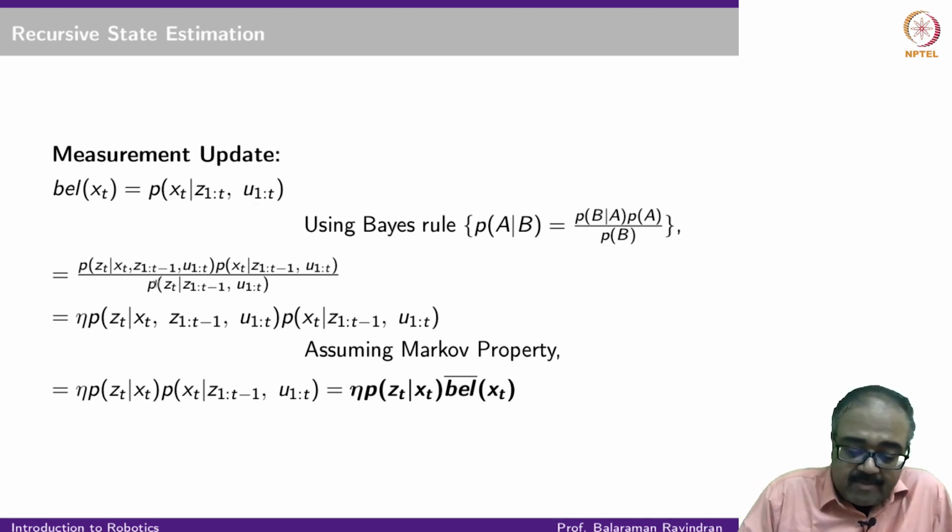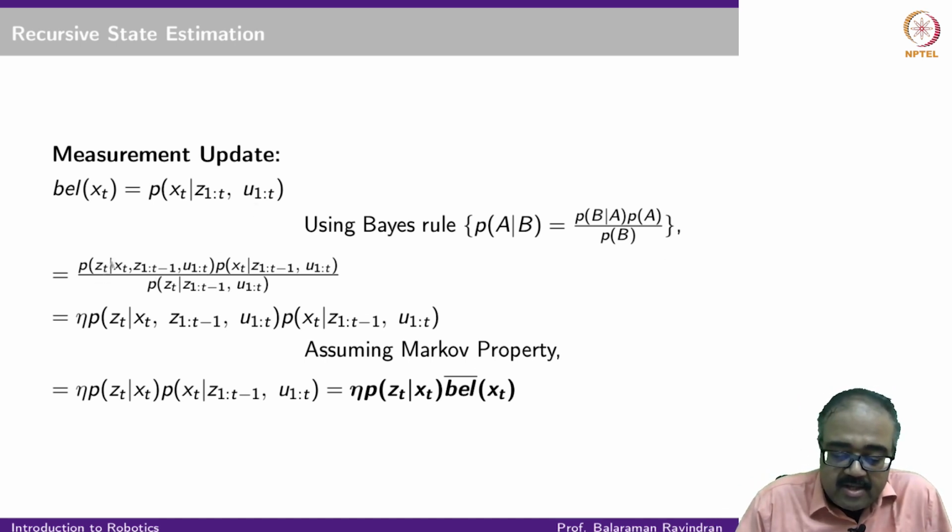Now using that, I'm going to rewrite this. If you think of z1 to t, it is actually z1 to t minus 1 comma zt, so I'm going to bring that out here. Now I'm going to look at probability of zt given xt comma z1 to t minus 1, u1 to t, times probability of xt given z1 to t minus 1.